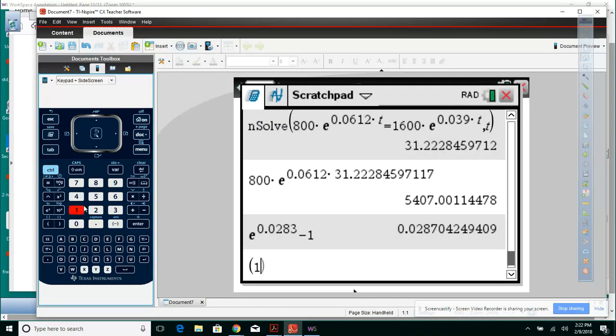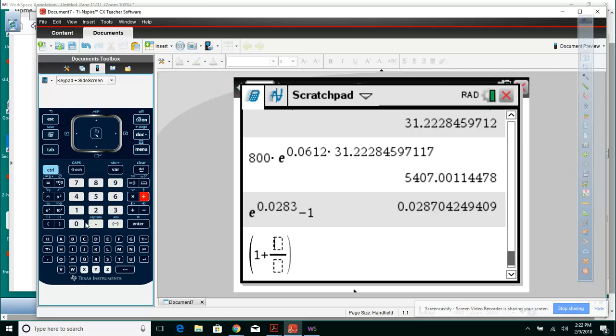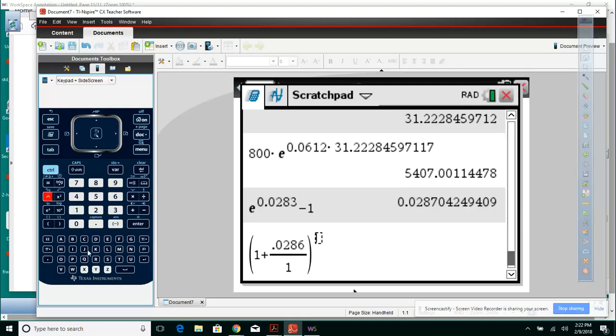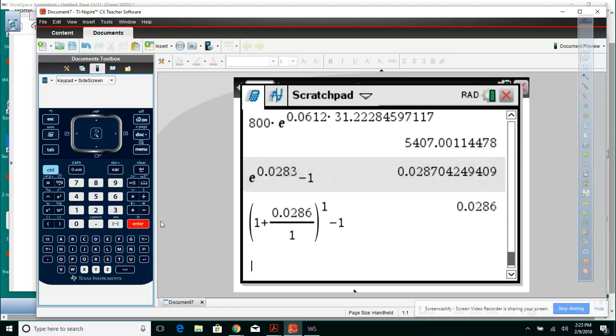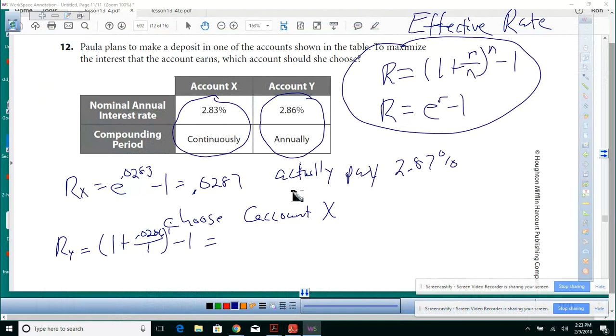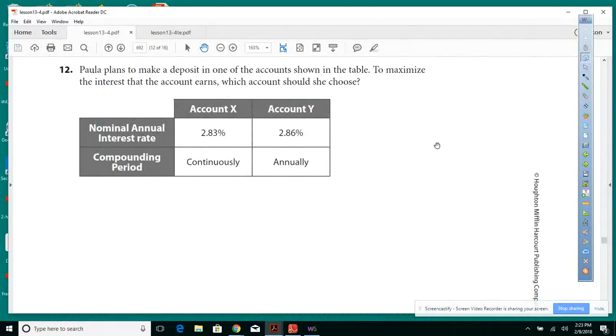Open parentheses, 1 plus control divide 0.0286 over 1 to the first power, and then minus 1. And see, it gives you 2.8%. All right, so just so we can check.